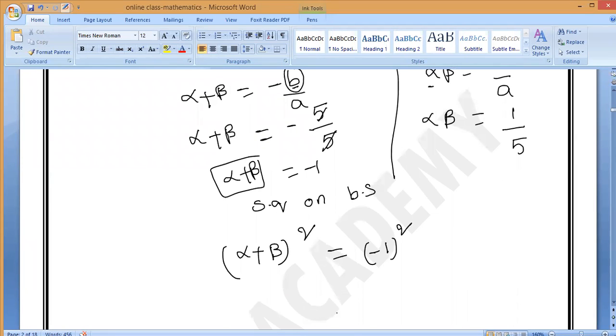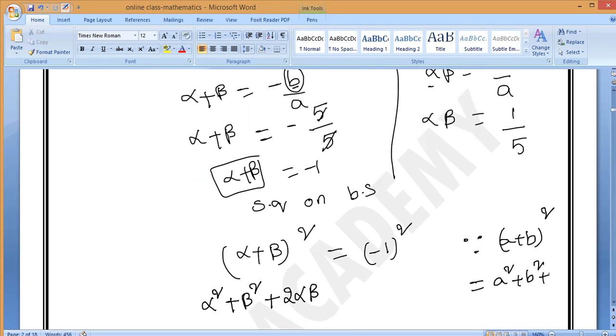Alpha square plus beta square plus 2 alpha beta. Here using the a plus b whole square formula, a plus b whole square equal to a square plus b square plus 2ab. Do you understand? Minus 1 whole square is 1.